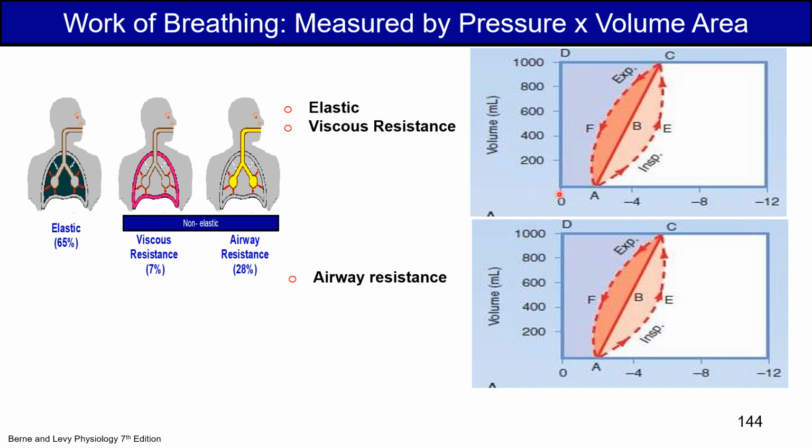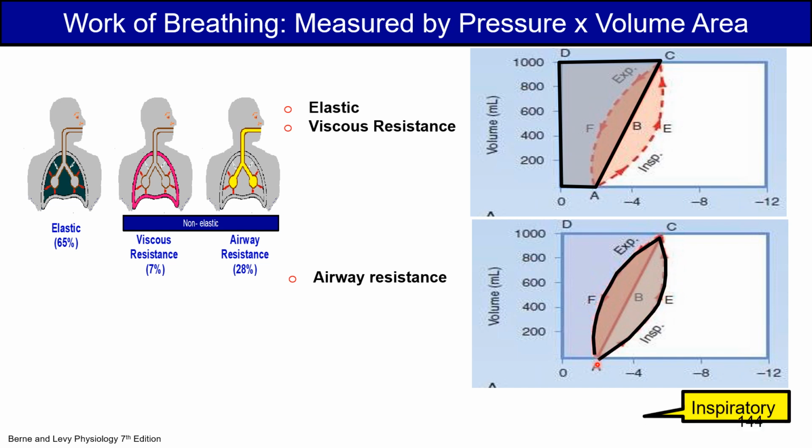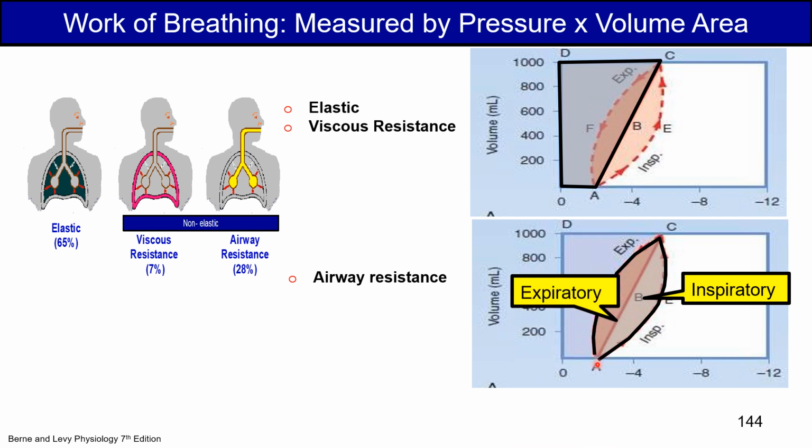The elastic work of breathing is represented by this area over here, OACDO, and the viscous resistance work of breathing is likewise embedded in this area over here. The airway resistance work of breathing, on the other hand, is represented by OECFA. This is the inspiratory part, and that's the expiratory part of the work of breathing.